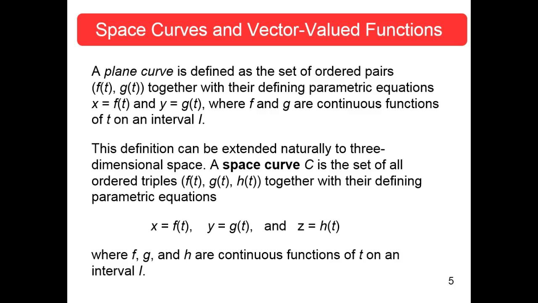This definition can be extended naturally to three-dimensional space. A space curve C, as opposed to a planar curve, is a set of all the ordered triplets f of t, g of t, h of t, together with the defining parametric equations x is equal to f of t, y is equal to g of t, z is equal to h of t, where f, g, and h are continuous functions of t on some interval I. Same type of interval we had before of the independent variable t, and x, y, and z are now dependent variables, functions of t.